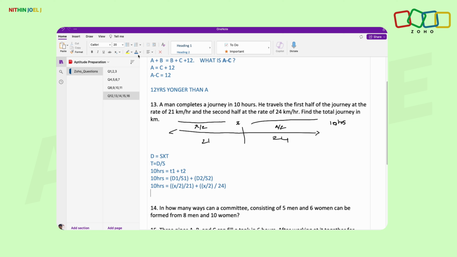What I'm doing over here is, let's keep it as 10, which is equal to, taking x by 2 as common, so x by 2 into 1 by 21 plus 1 by 24. I'm just taking the LCM there. So we get 24 plus 21 divided by 21 into 24.